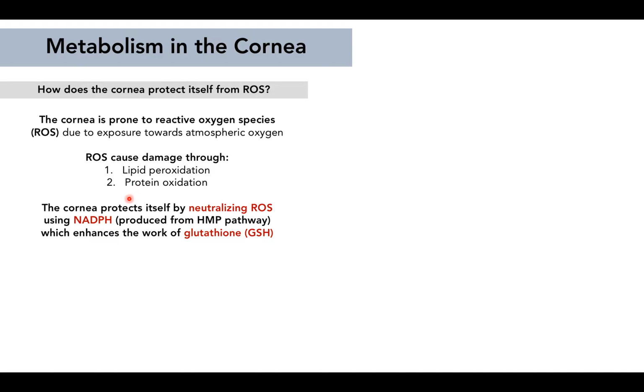This is where NADPH plays an important role. The cornea can protect itself by neutralizing these ROS through glutathione, but glutathione itself needs a lot of NADPH in order to perform optimally.